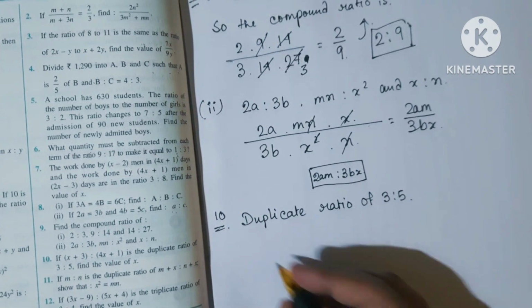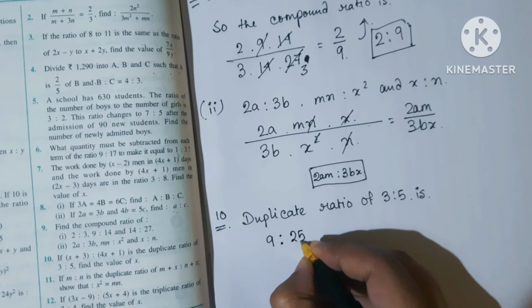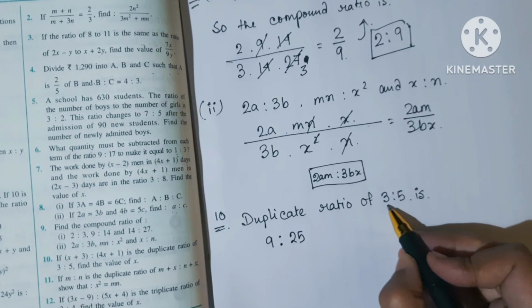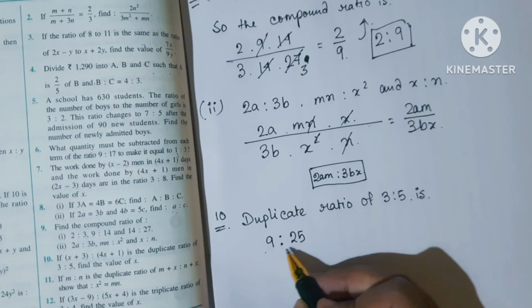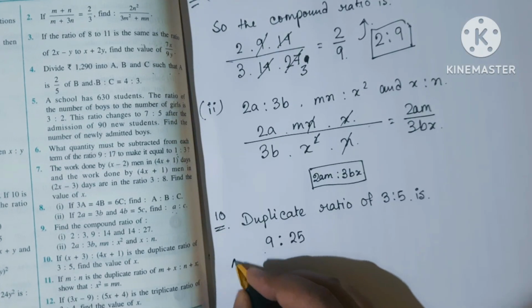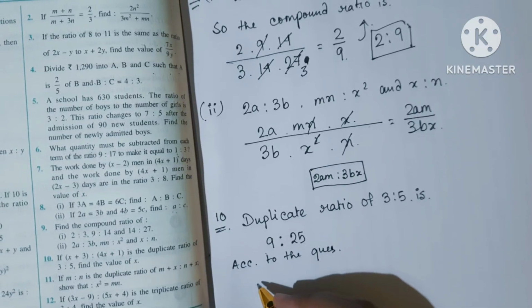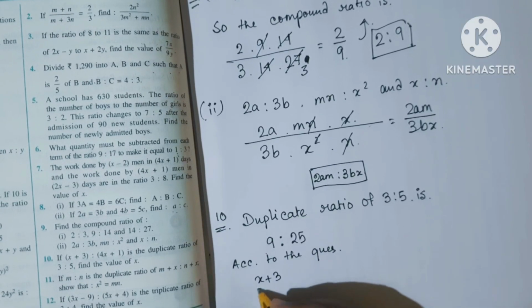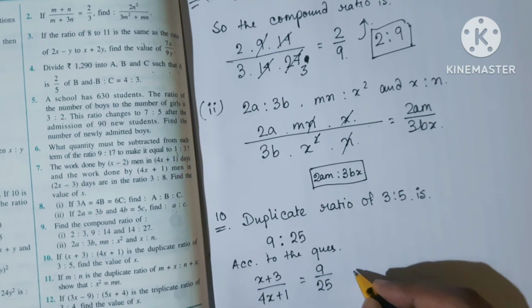The duplicate ratio of 3 is to 5 is 9 is to 25. 3 square is 9 and 5 square is 25. Now according to the question, x plus 3 by 4x plus 1 will be equal to 9 by 25.